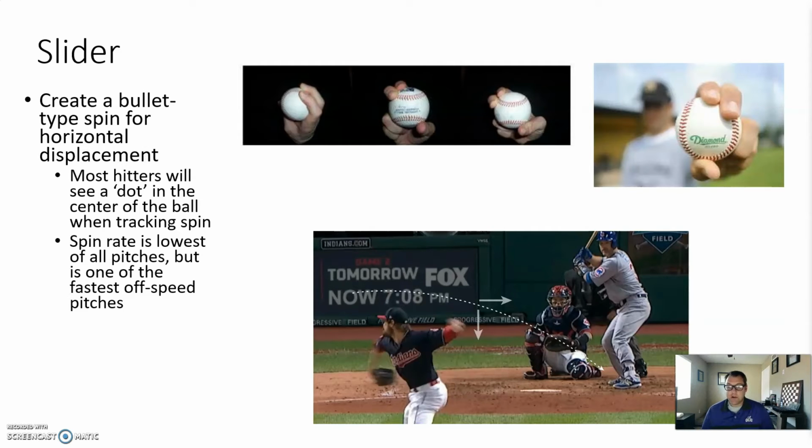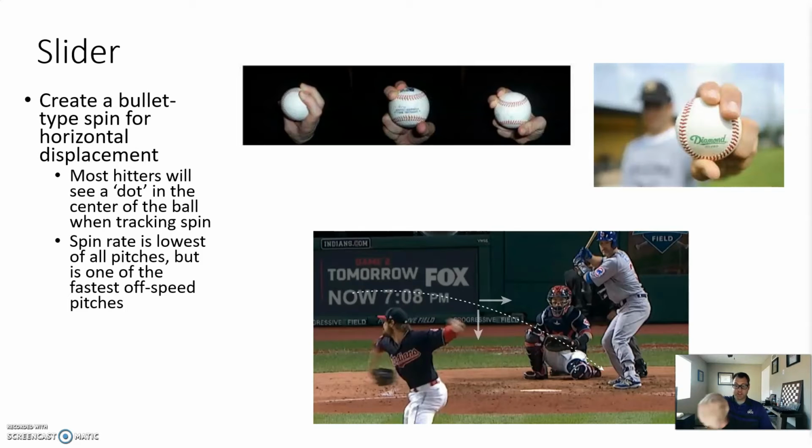With a slider, what you're doing is creating more of a horizontal movement with the ball. So when the ball's thrown, it's going to be thrown in a position called supination with your forearm. We'll explain that here again in a minute. What you're trying to do is get the ball to spin like a bullet.